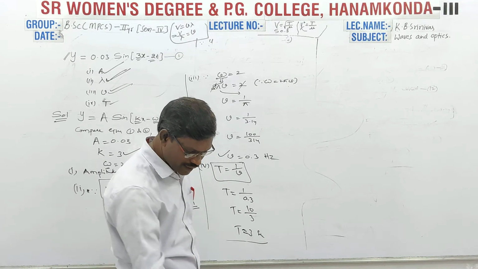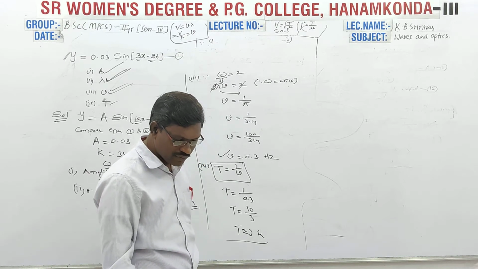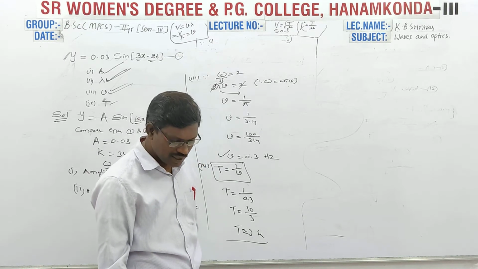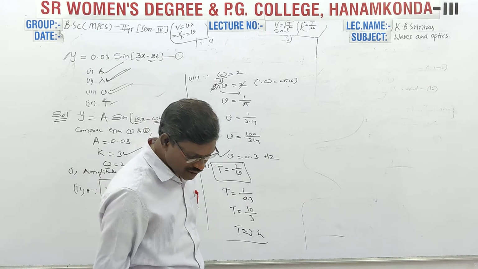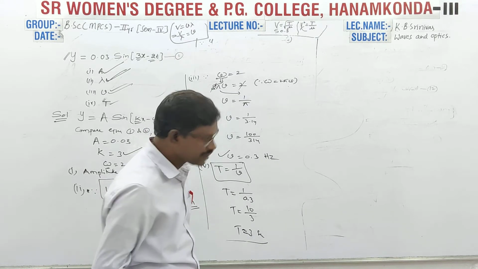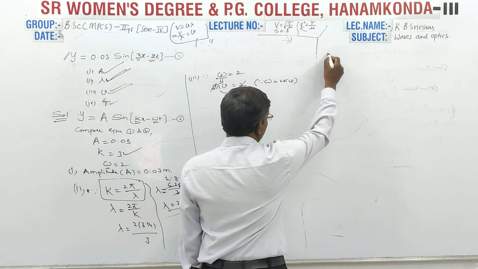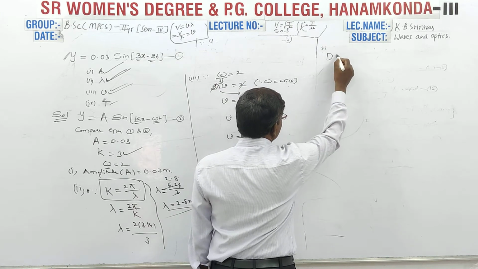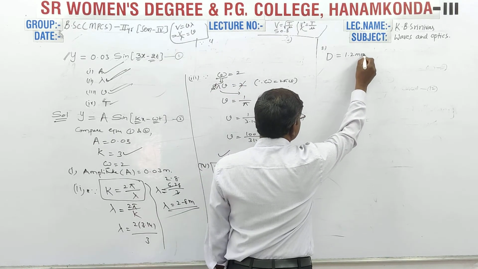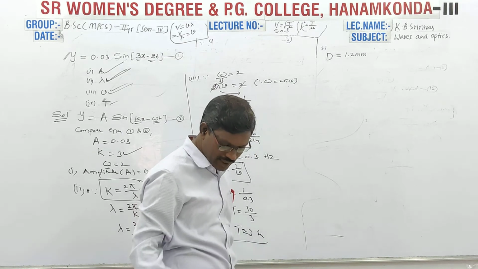The problem is given like this. The diameter of an iron wire is 1.2 millimeter. The diameter of the wire is given.